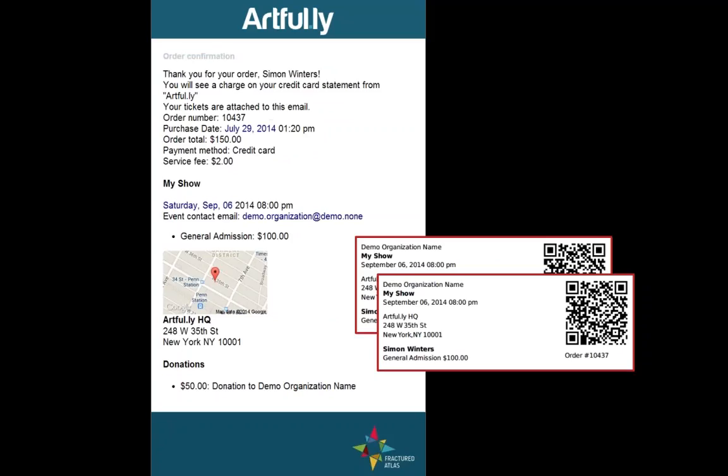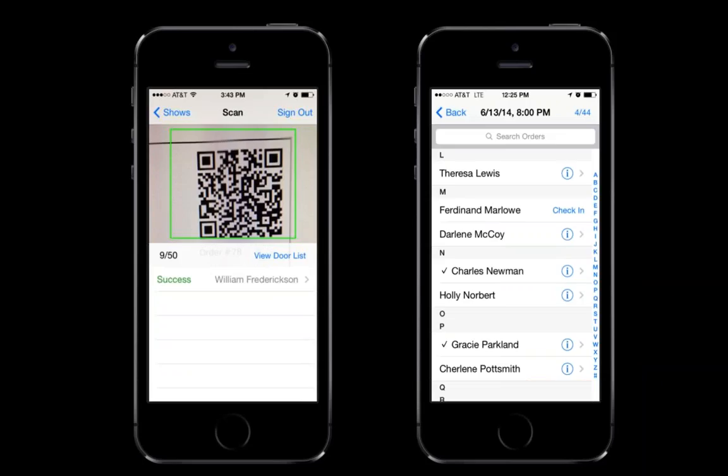The other check-in tools that we have: another free piece of optional functionality called the Print at Home Scannable Tickets Kit. And what this means is if you have turned this feature on in your account, when anybody buys a ticket, she receives a PDF with barcoded QR code tickets that can be scanned in using the Artfully iOS app.